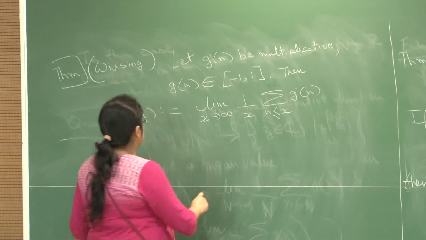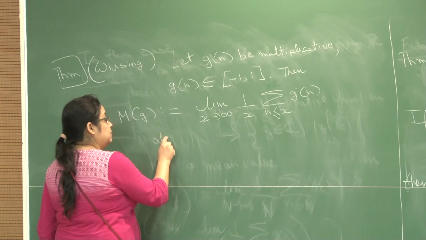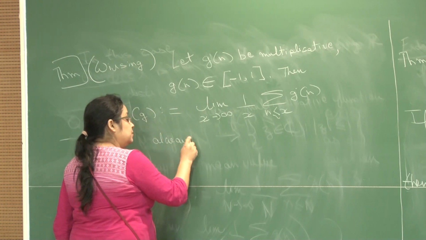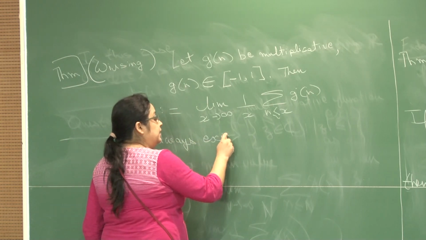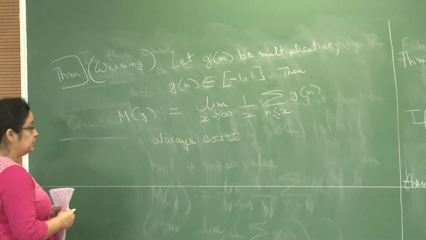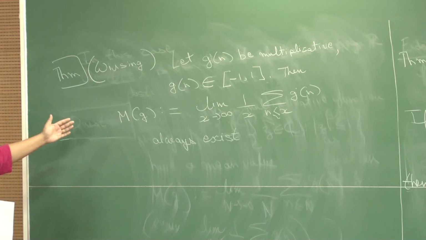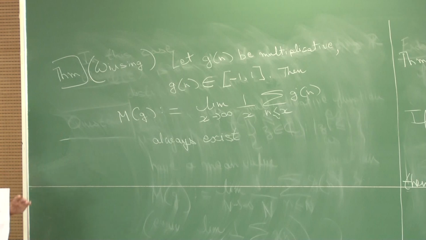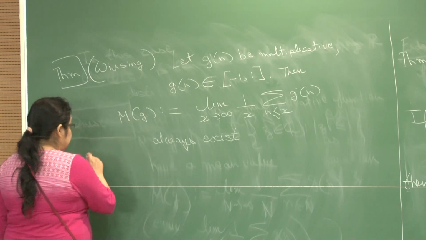Okay. And depending on certain conditions, we will be able to determine whether m of g is 0 or non-zero, but it will always exist.